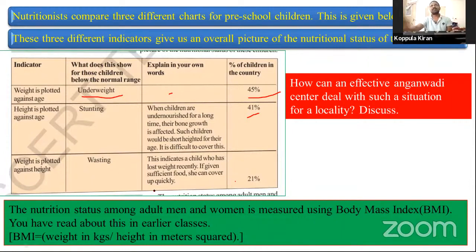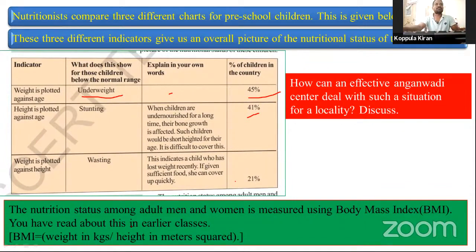See, this is how we generally calculate whether they had nutritional food or not. This was done by BMI. What is BMI? See this? The nutrition status among adult men and women is measured using body mass index (BMI).